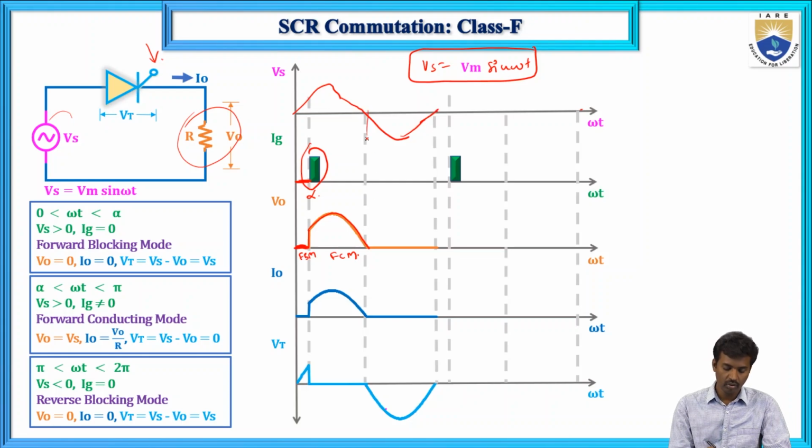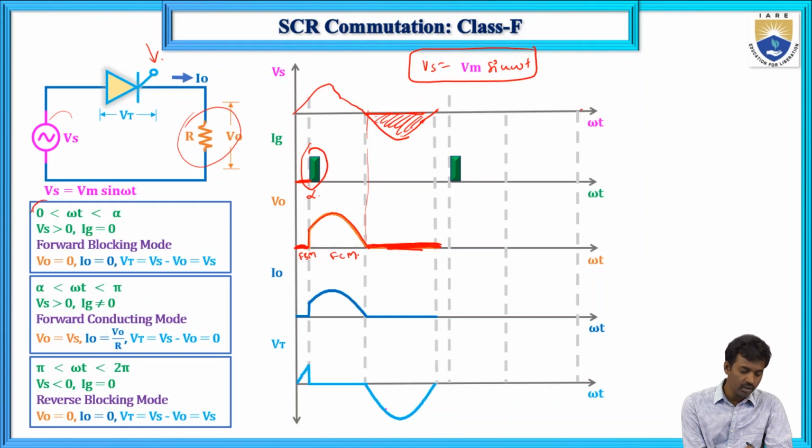Now I am giving the reverse potential during the negative half cycle, so the thyristor will be turned off and the output voltage is 0.